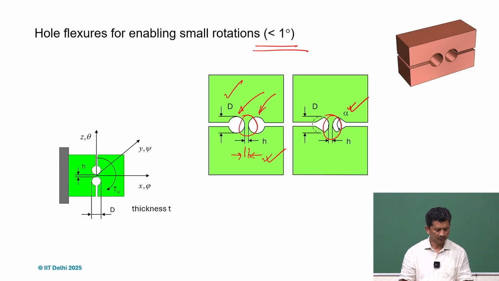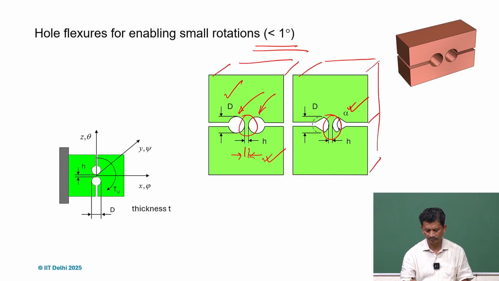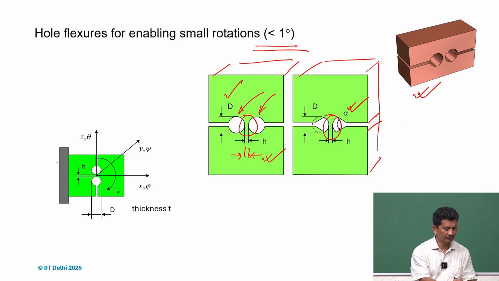If you look at it, yes, there is a thickness also in the other dimensions. It's clear from this CAD model. When we have this kind of flexure, what are the things we are looking at?